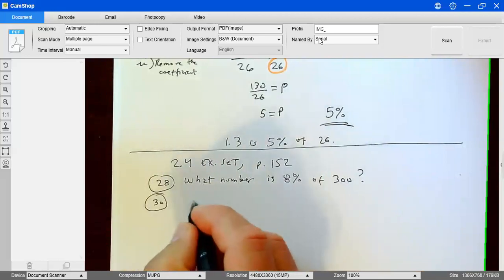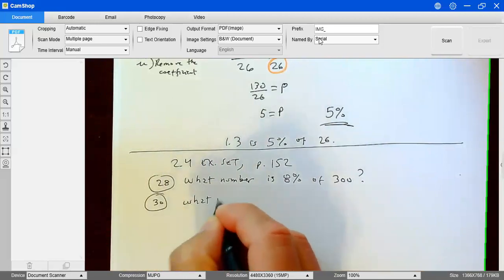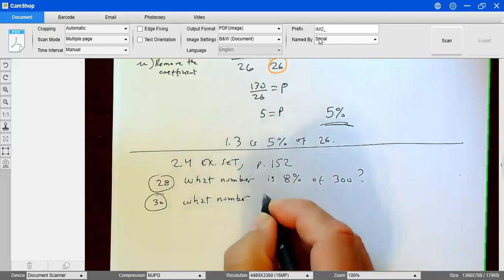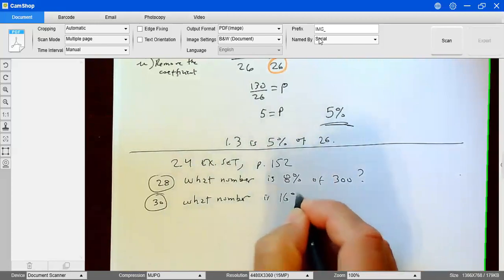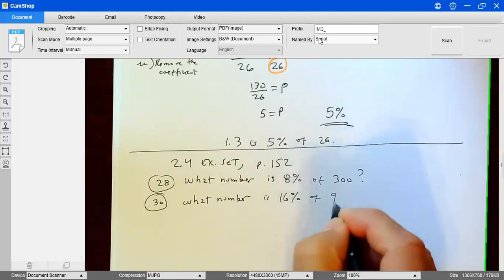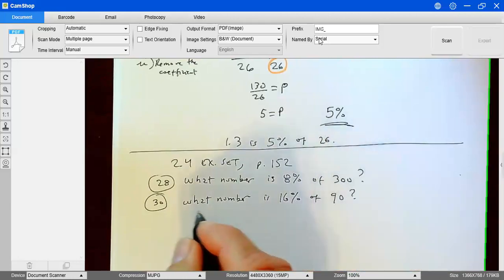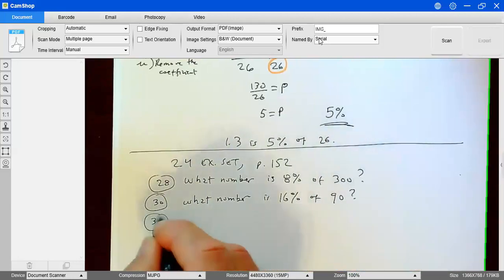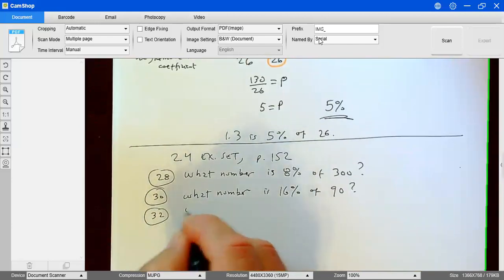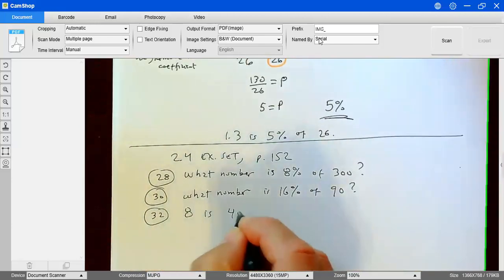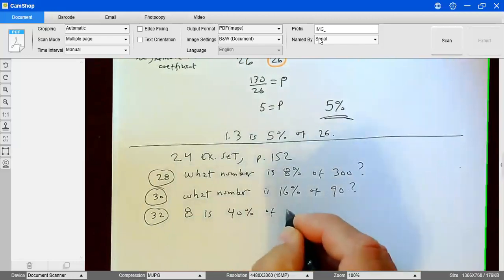Then we have what number is 60% of 90? Then 32 is 40% of what number?